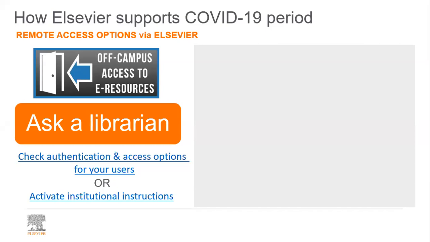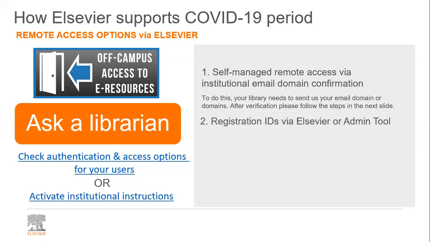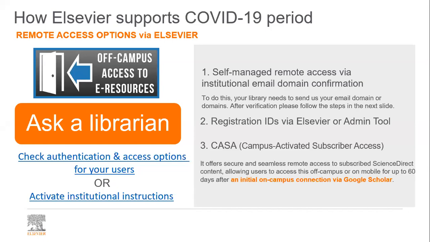But besides these, we would like to support some web alternative solutions, like self-managed remote access via your institutional university email address, registration IDs, and a Google Scholar integration like CASA.